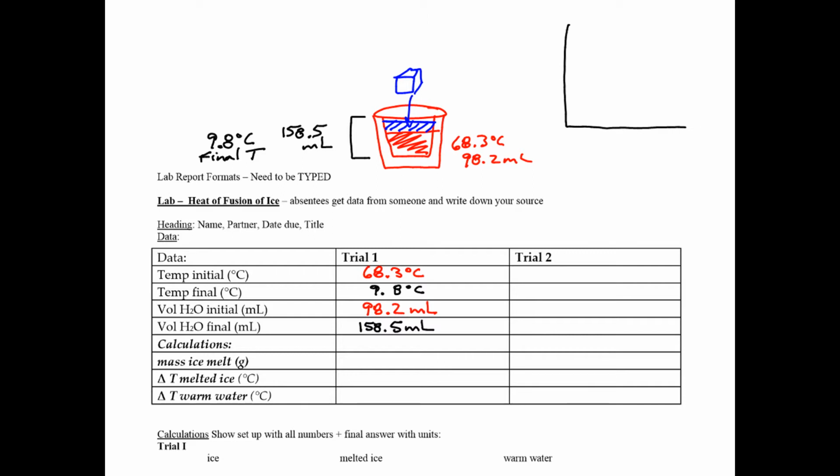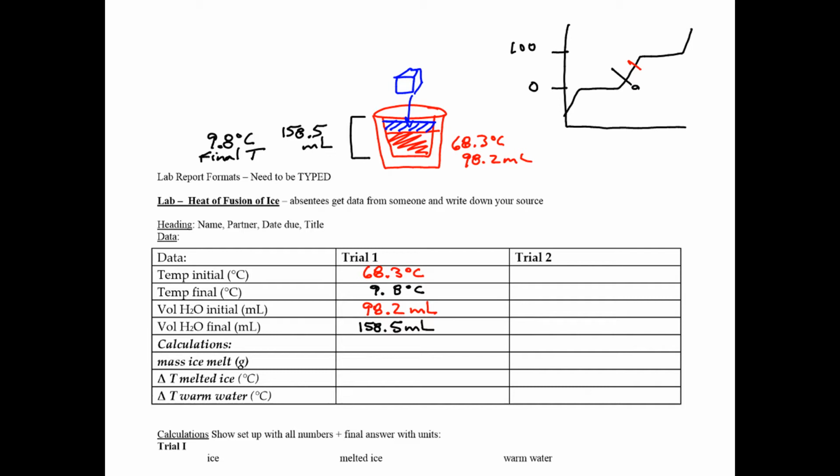We've been working with this already. So you've got this drawing, this is 0, and this is 100. So you took hot water. The hot water was at 68.3 degrees, so it was roughly over here. And that water cooled to a final temperature of 9.8 degrees Celsius.